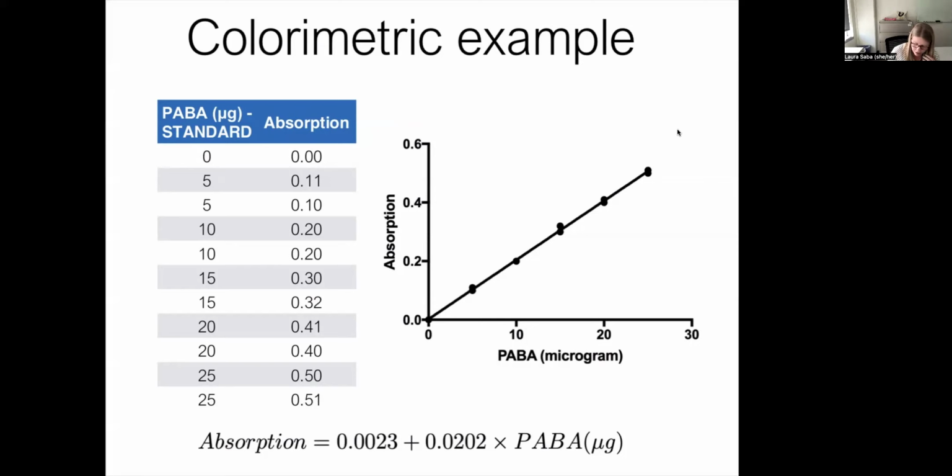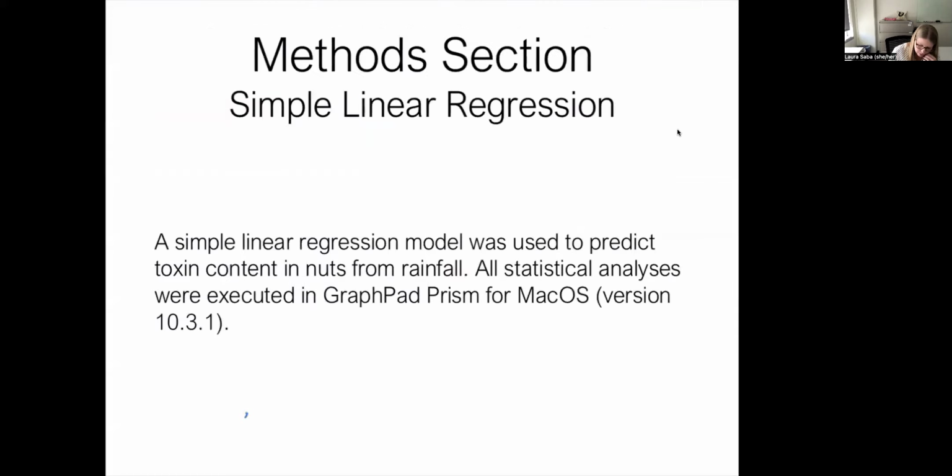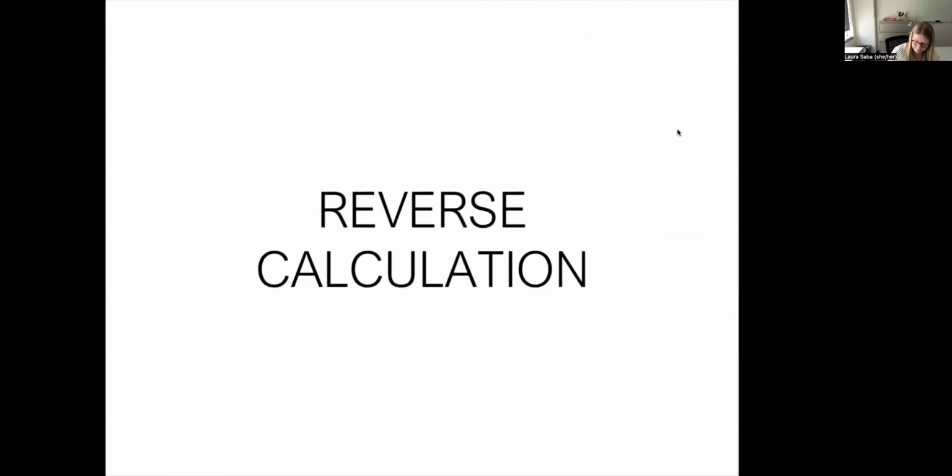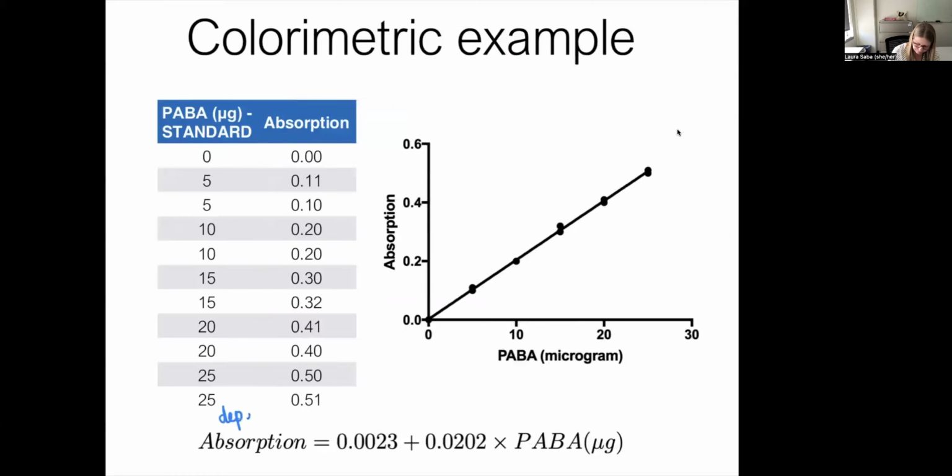In this case, our dependent variable is absorption, and our independent variable is the known concentration that we had. So we may create a standard curve in this way, but what we actually want to do is translate an absorption value we saw for an unknown sample into a concentration.